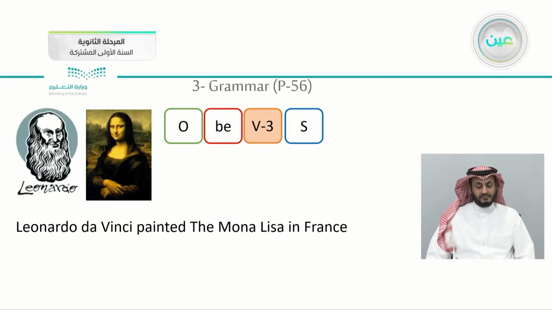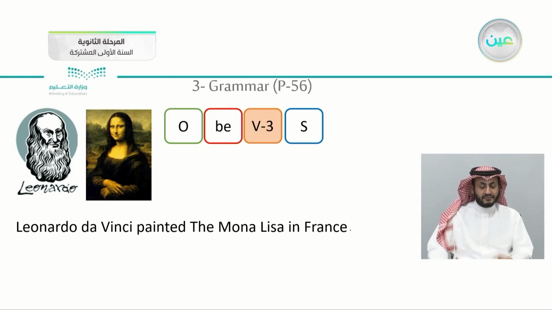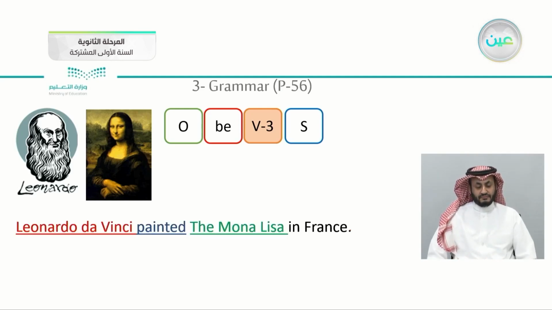Let's check it to here. Leonardo da Vinci painted the Mona Lisa in France. This is a sentence. Now the first thing that you will do to form a passive, you will come up with where is the subject, where is the verb, where is the object. So I can rearrange the sentence. Leonardo da Vinci is the subject.